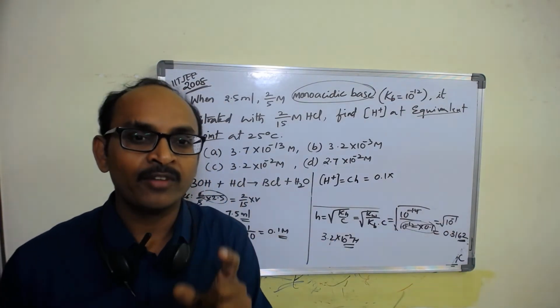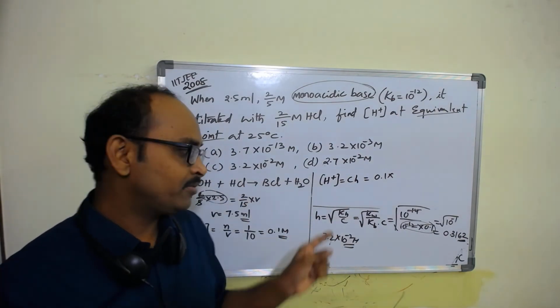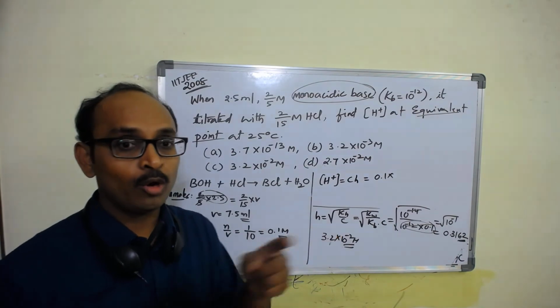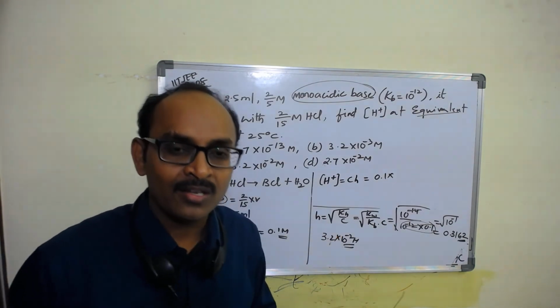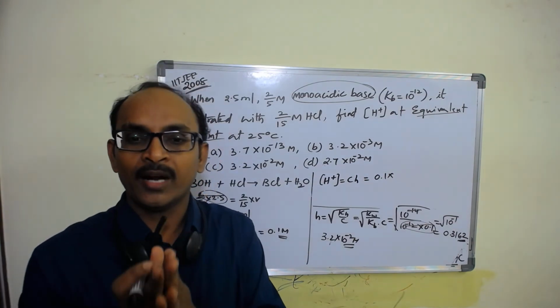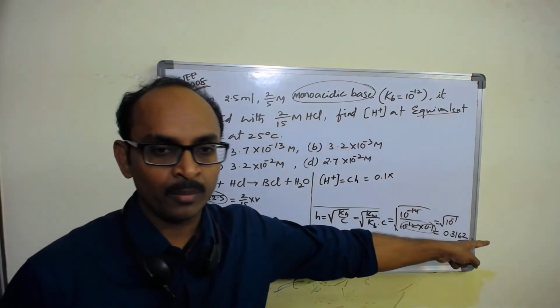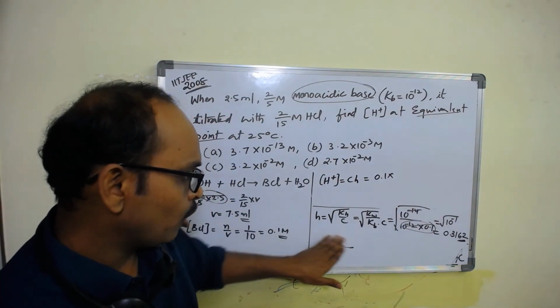If it is greater than 5%, taking this formula is wrong. I have already told you in hydrolysis you should be careful. Always check whether the h value is greater than 5% or less than 5%. Because here it is greater than 5%, this will be wrong.